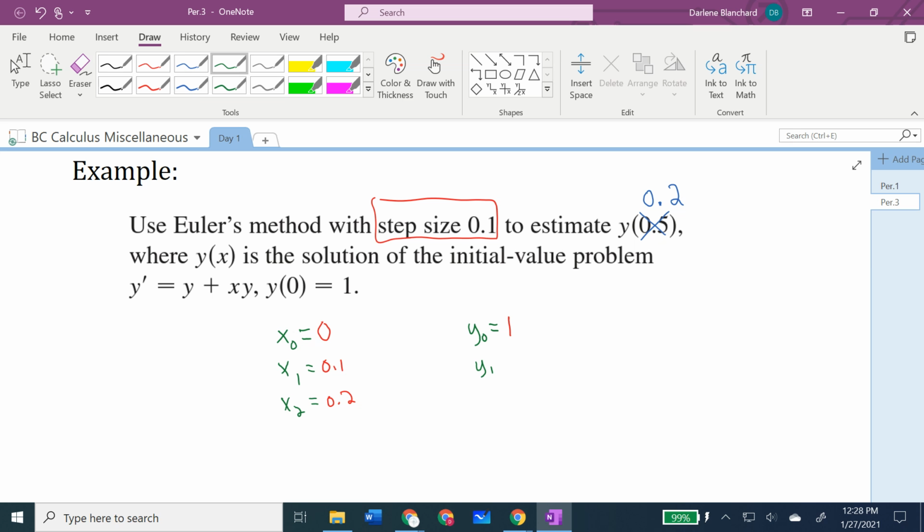And now I like to get my formula set up. The formula is drop down the previous y, add to it, and I like to reverse my multiplication order by writing the step size times the slope, because sometimes the slope ends up being a little bit of a longer formula.